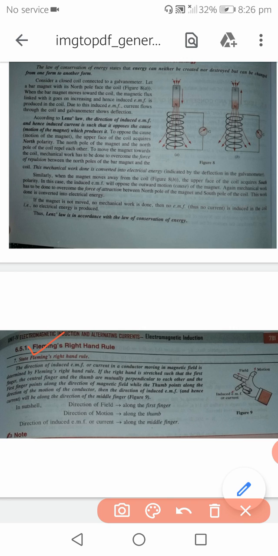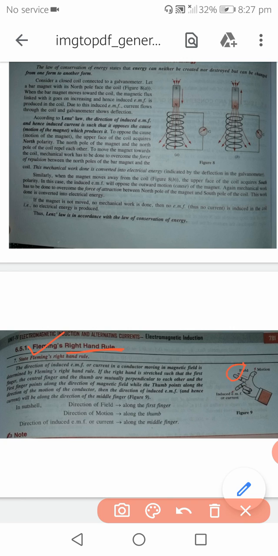In the previous chapter we discussed Fleming's left hand rule, right? The forefinger, the index, represents magnetic field, this one represents current, this one represents force or motion. Okay, but in this case this is the right hand rule, not left hand.